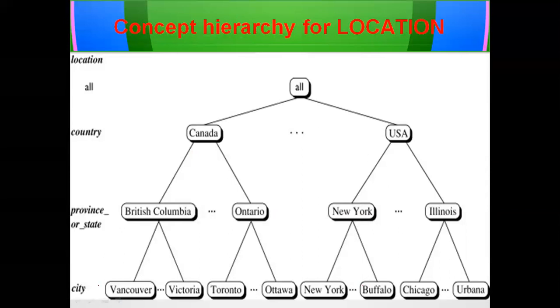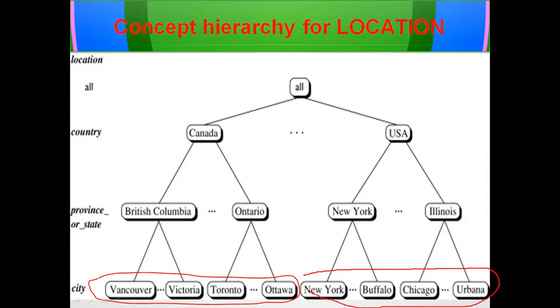These are the cities in the country Canada, and these are the cities New York, Buffalo, Chicago in the USA. With the help of concept hierarchy, you can map this city-wise data to state-wise data, then state-wise data to country-wise data.